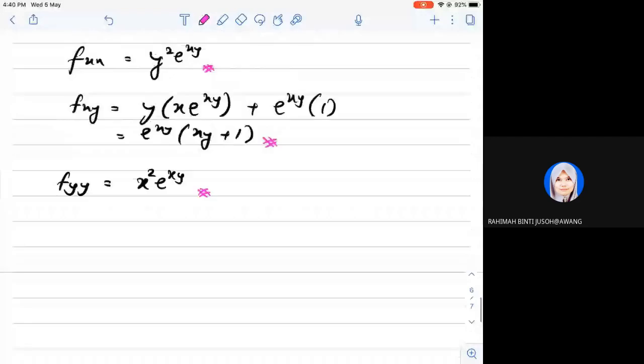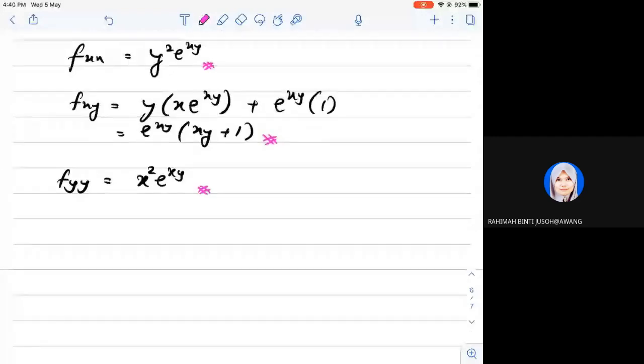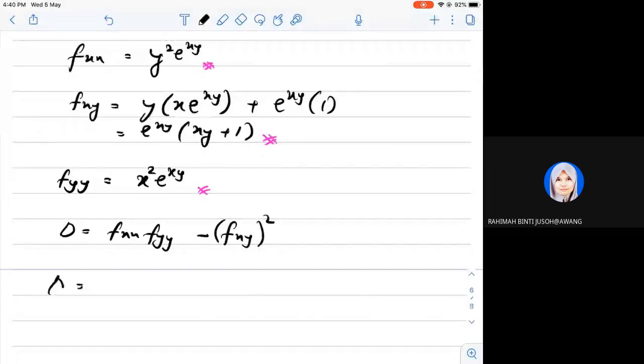Okay. So D is fxx darab fyy minus fxy squared. So we will have D equals to fxx adalah y squared darab exponent xy. Darabkan dengan fyy.